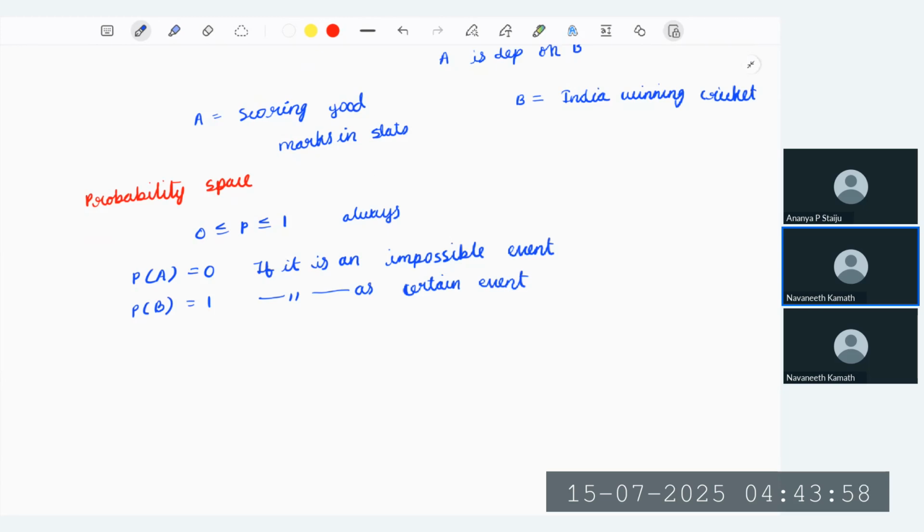Like that, you may give some better examples, but it is always true. Those things are called certain events, and the things which will never happen are called impossible events. The difference you should know: possible means it may happen or it may not happen, there is a doubt, but certain means it will definitely happen. Okay. Next.